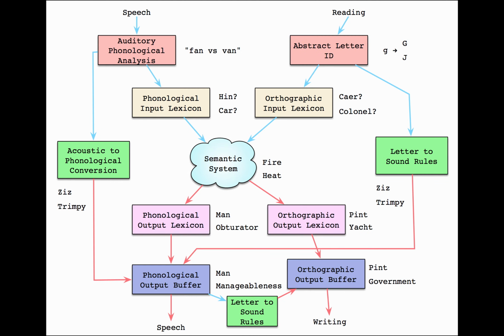And we'll start with this peripheral analysis, abstract letter identification. Think about this. You know a G represents a G in your language, whether it's written in uppercase or lowercase, even though, as the example here shows, a small g and a big G don't look that similar, right? In other words, you have abstract knowledge.